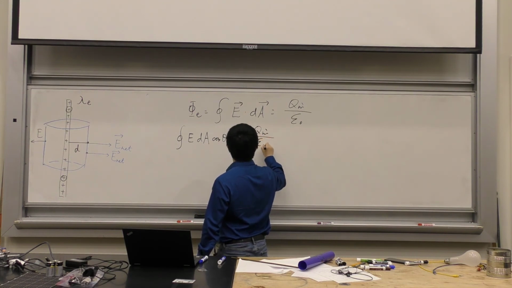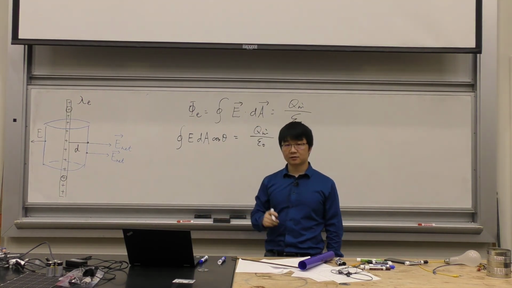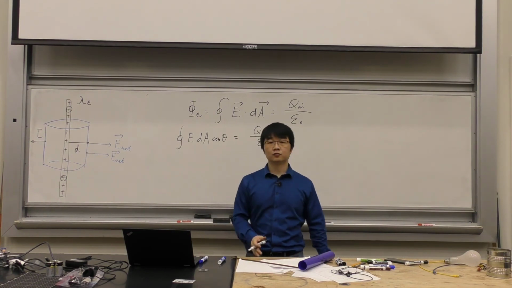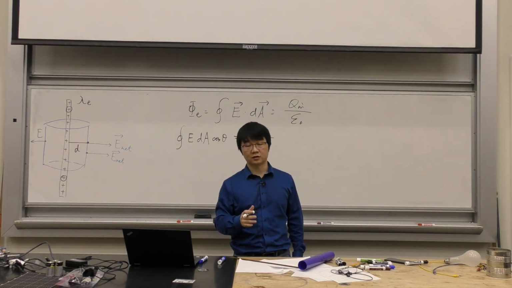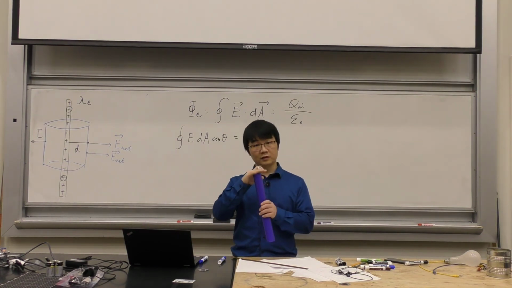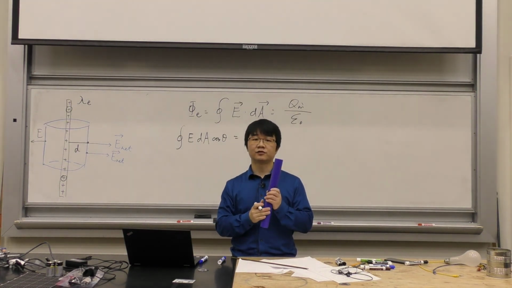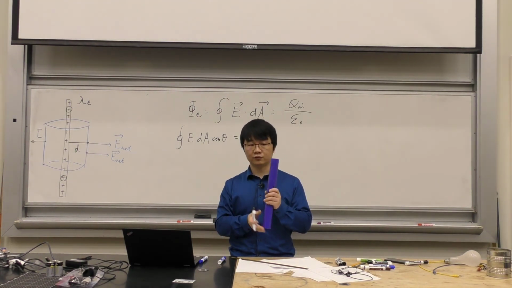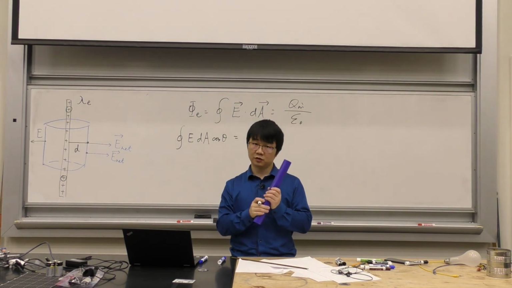In principle, you should calculate the electric flux on the left-hand side through this whole cylinder. So you're going to do 3 surfaces. Don't forget the top, the bottom and the curved side. You need to integrate the electric field on 3 surfaces: top, bottom, curved side.